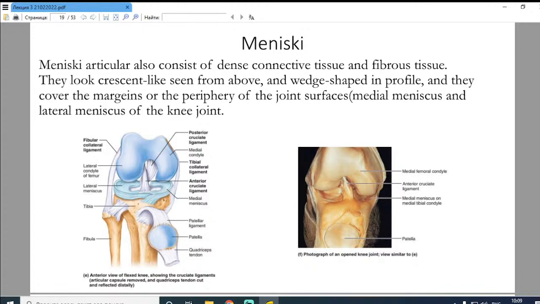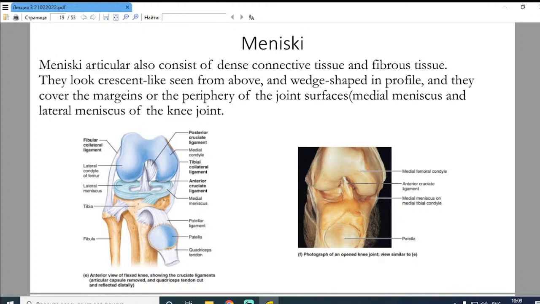They look crescent-like, seen from above, and wedge-shaped in profile. And they cover the margins or the periphery of the joint surface: medial meniscus and lateral meniscus of the knee joint.